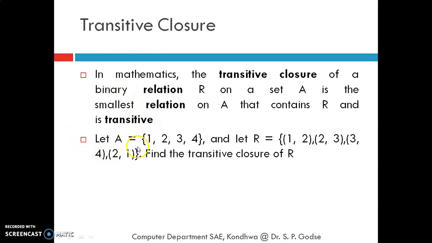Let A be a set containing the elements 1, 2, 3, 4, and let R be a relation on set A which contains the pairs (1,2), (2,3), (3,4), and (2,1). To find the transitive closure of that, we have to check all the pairs, like (1,2), (2,3). So (1,3) should be present.